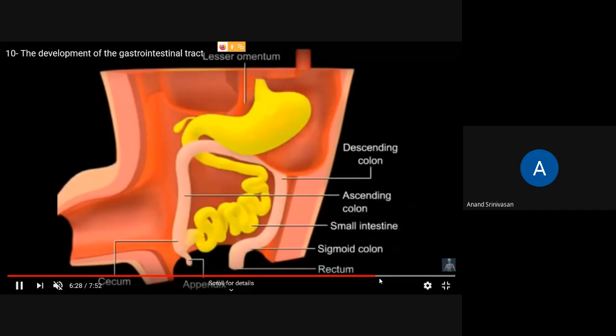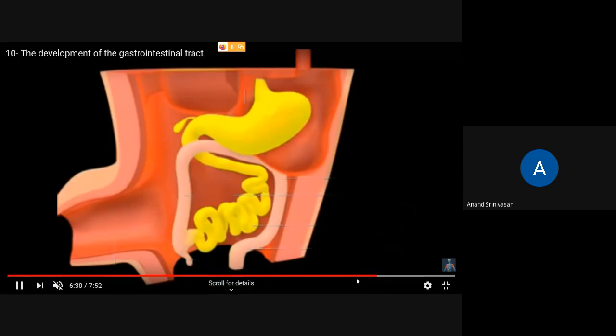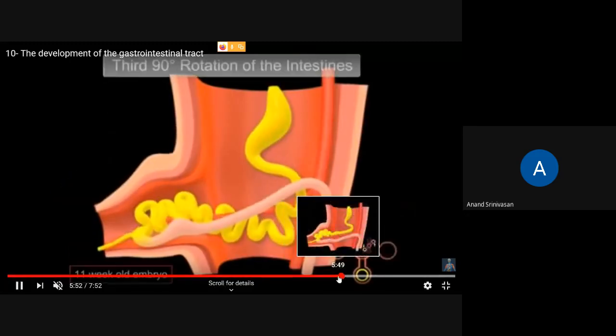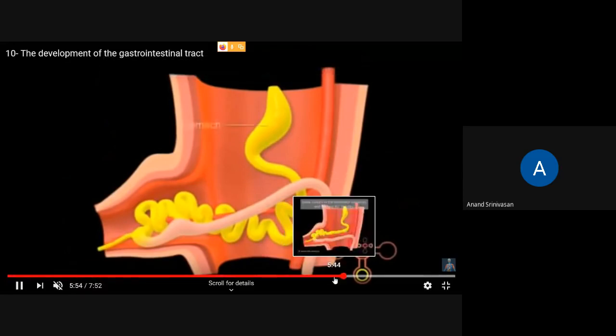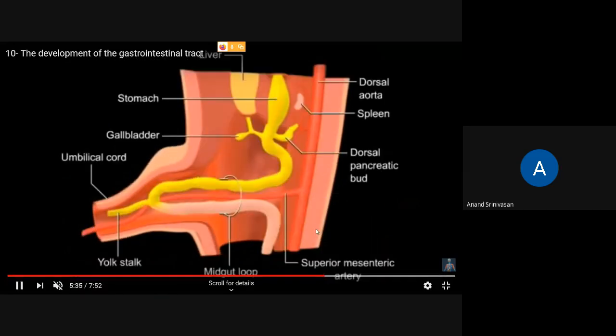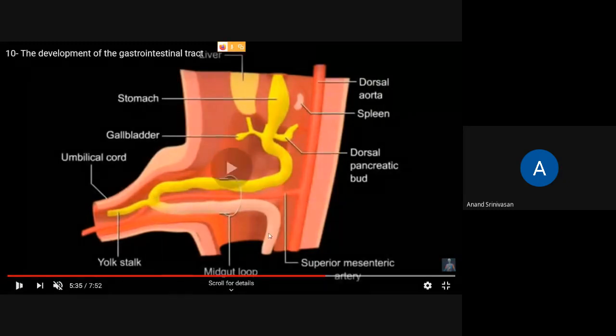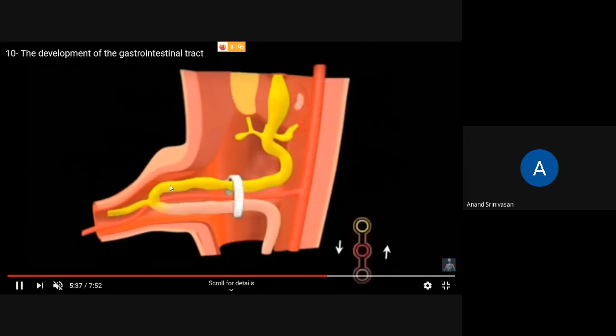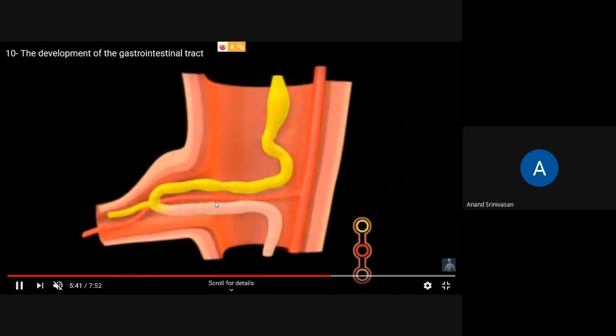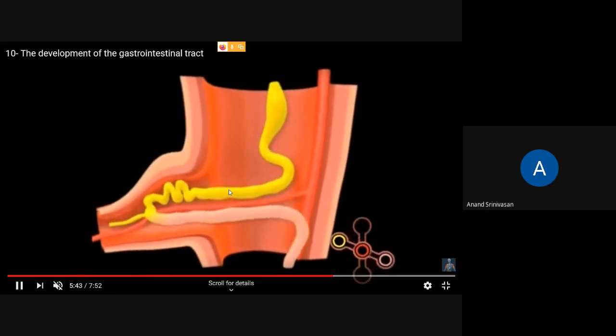All right. Now, once again, I will just tell you the last one. The midgut is initially protruding out through the umbilicus. Then there are foldings during the first 90-degree rotation, with increased foldings in the cranial limb.